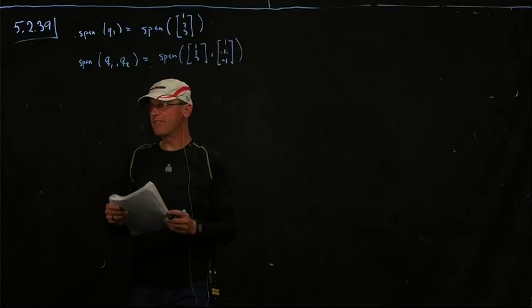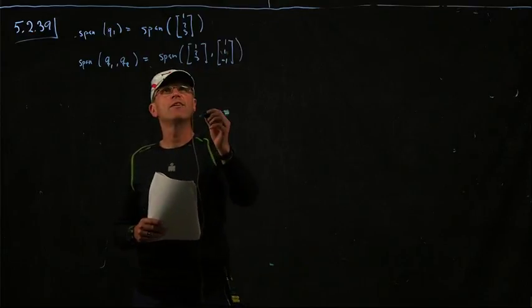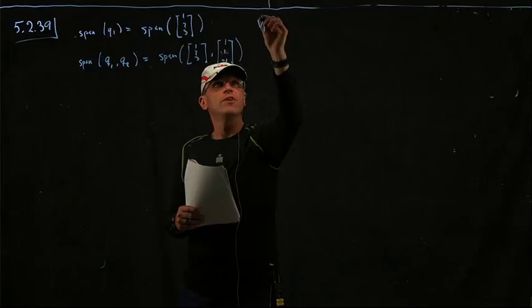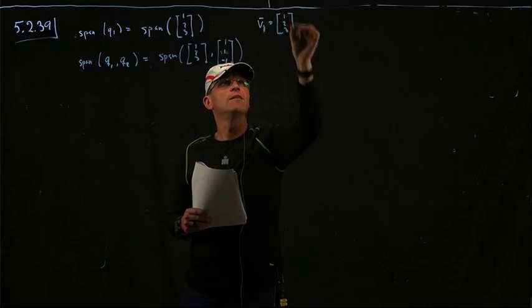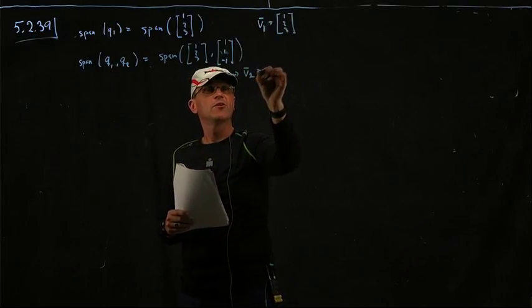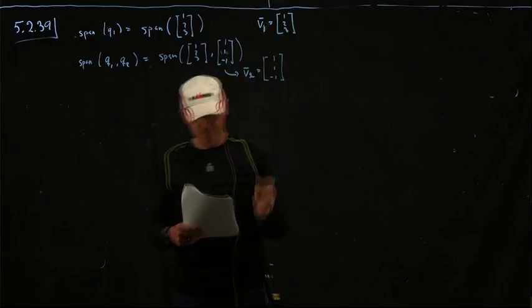So it looks like a different question, but it's the same question. What we have is this defines a vector v1, which is 1, 2, 3. And here we have our vector v2, which is 1, 1, negative 1.